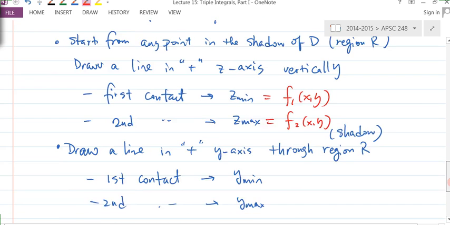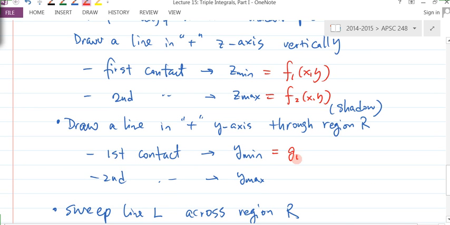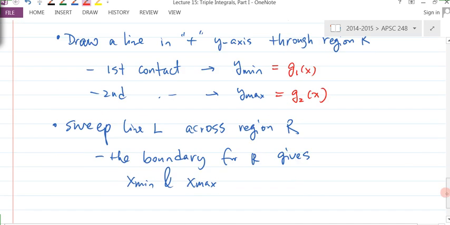So Y min is G1 of X, and Y max is G2 of X. And for X, the X min is A, and X max is B. That's usually from looking at the boundaries of this region R. It's basically just one more step compared to the double integral.